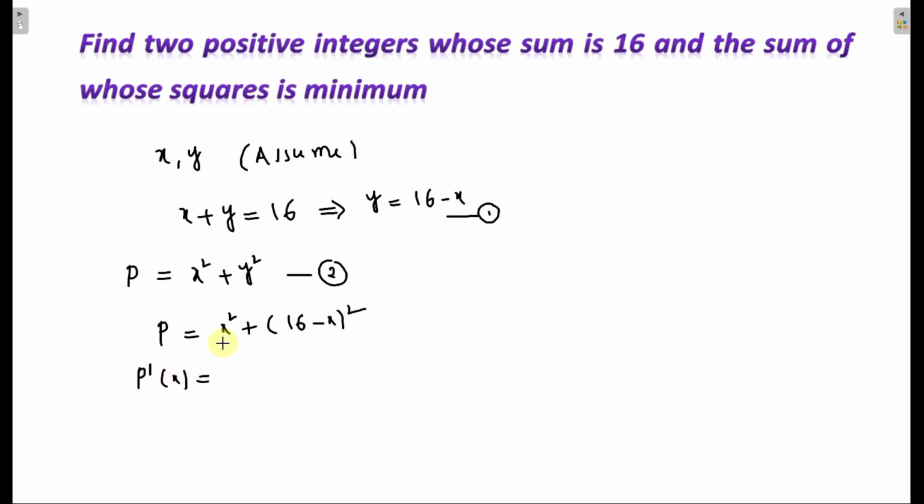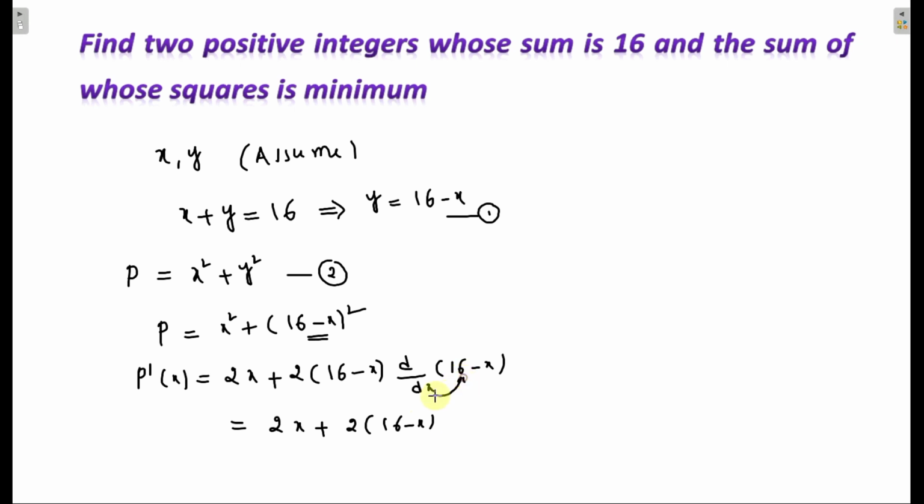P dash x is equal to derivative of x square is 2x. Derivative of this function is 2 into 16 minus x into derivative of 16 minus x. So on simplification I will get 2x plus 2 into 16 minus x, into derivative of 16 is 0 and the derivative of minus x is minus 1.